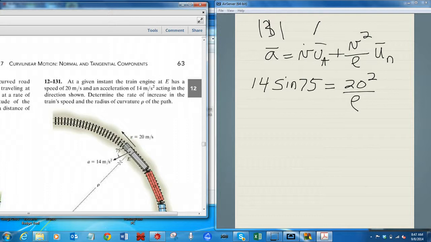You see this term right here? 14. You want this acceleration. 14 cosine 75 equals v dot. Is it speeding up or slowing down?